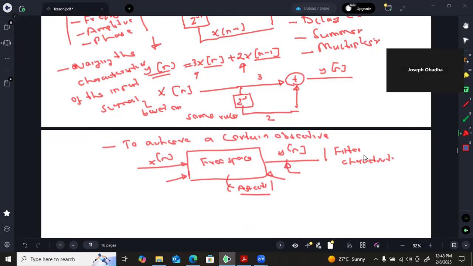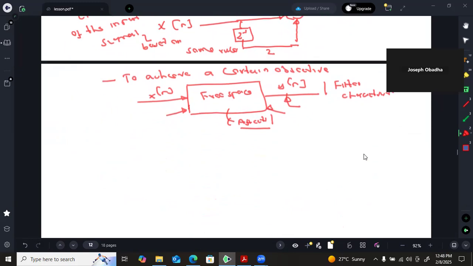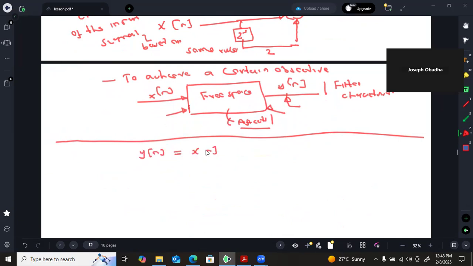So we have two main types of filters when we talk about the filters, and I can illustrate this by giving two examples. Let's say I have y of n equal to x of n plus x of n minus 1, like the previous example I had given earlier.